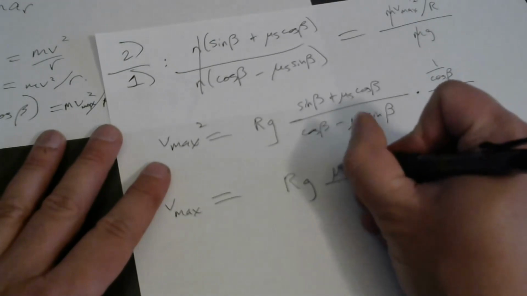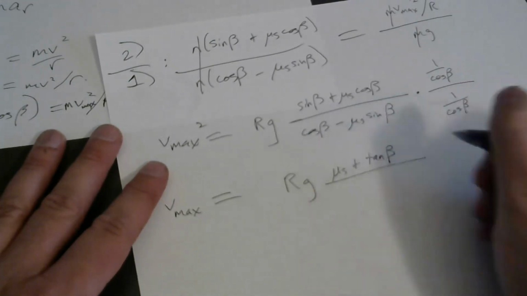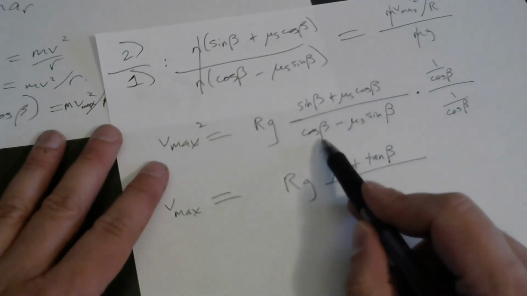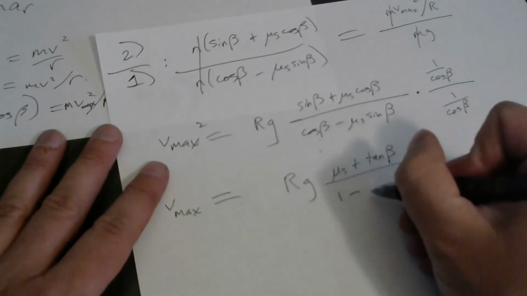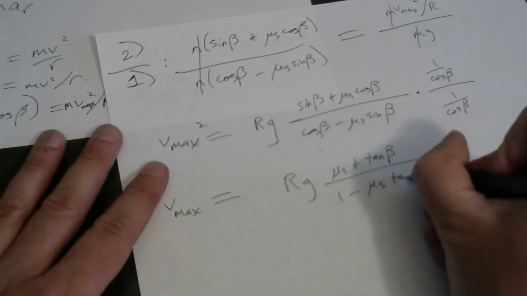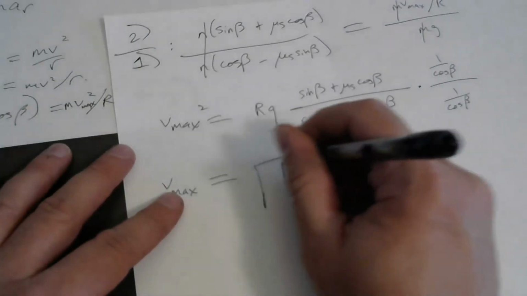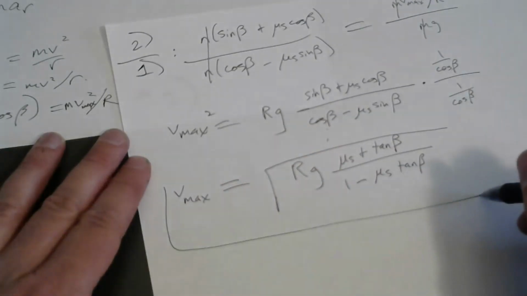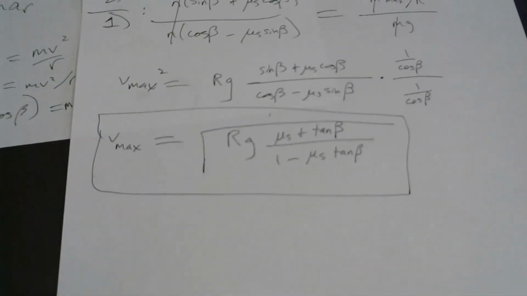I'm going to write this as mu sub s, I'll switch the order, plus tan beta over, well, down here I'd have a 1 minus mu tan beta. All right, don't forget your square root symbol. How cool is that? There's one big gnarly formula for the maximum speed at which you can drive.